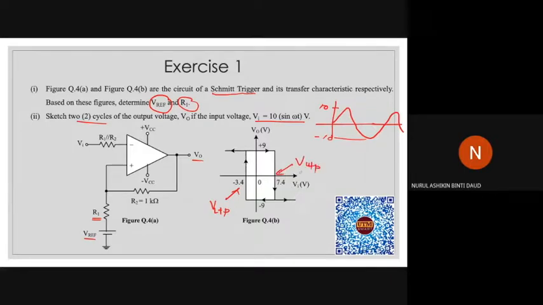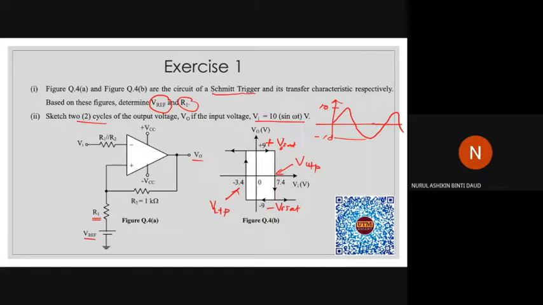Also given is the positive V output saturation and the minus V output saturation. All of this information you can get from the transfer characteristic graph, and this is the input wave.